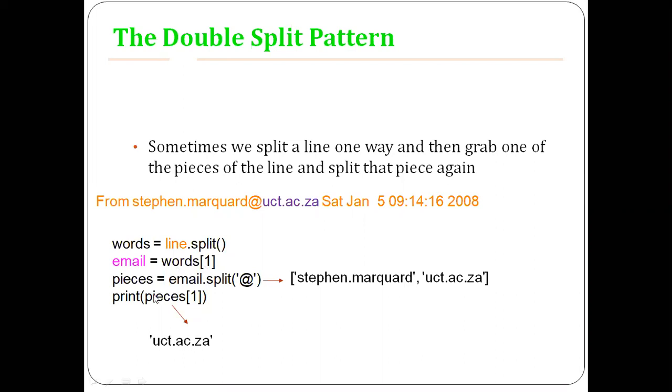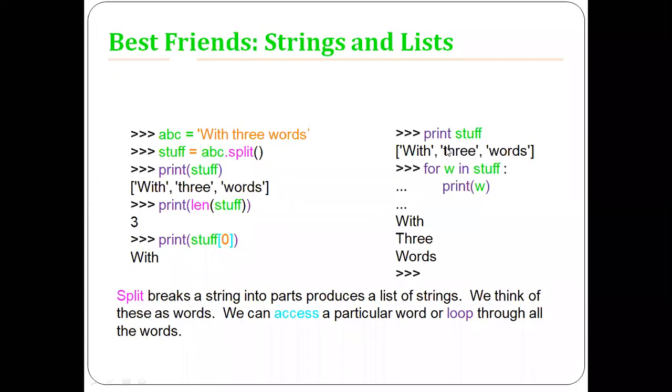So your output appears as Stephen dot market, and uct.ac.za, and then you are printing it. So the whole idea is that there is a correlation between the strings and the list.